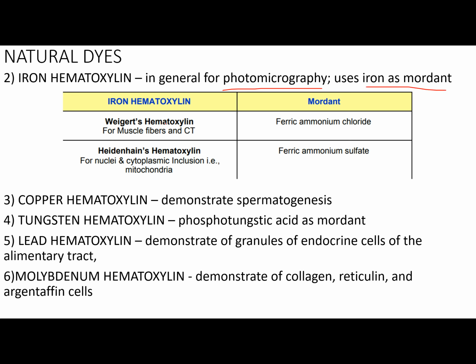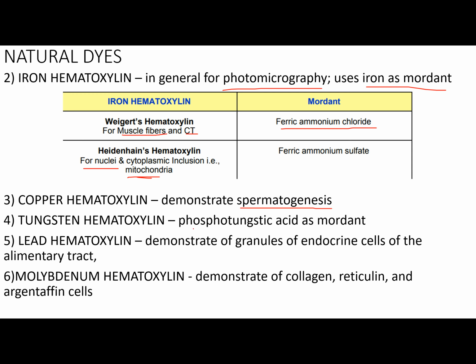So we have Weigert's hematoxylin used for muscle fibers and connective tissue. The mordant used, class, is ferric ammonium chloride. Then we have Heidenhain's hematoxylin for nuclei and cytoplasmic inclusions, such as the mitochondria. The mordant used is ferric ammonium sulfate. Then we have copper hematoxylin, which demonstrates spermatogenesis.